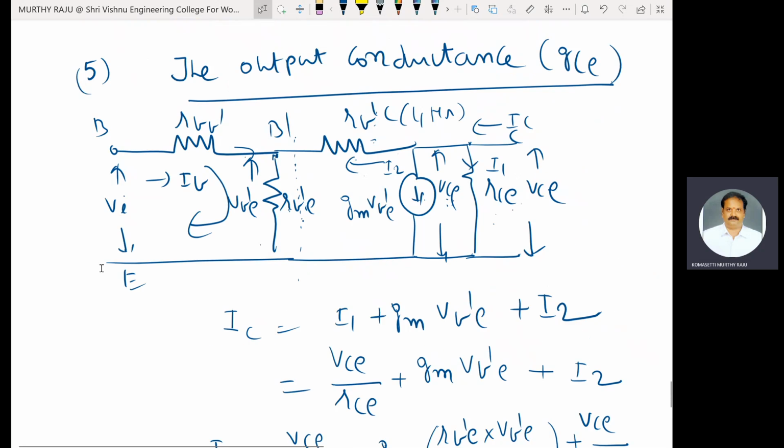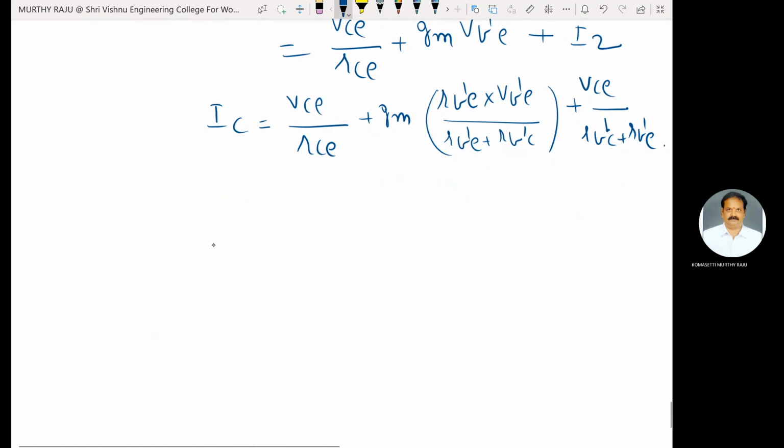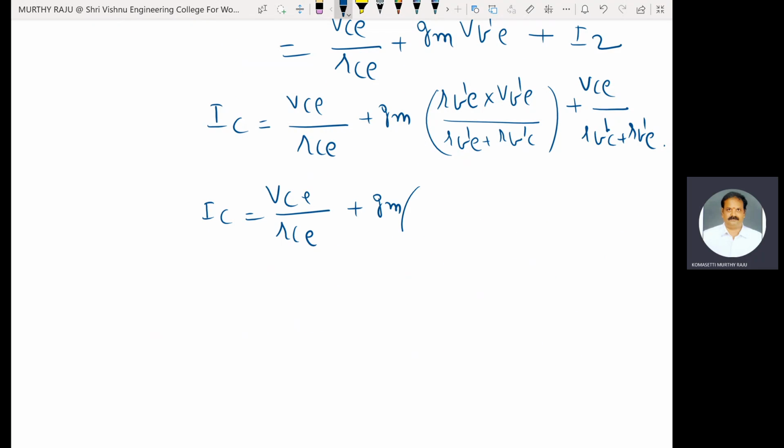For the determination of output conductance, put IB equal to 0. Then IC is equal to VCE by RCE plus GM into the common term.